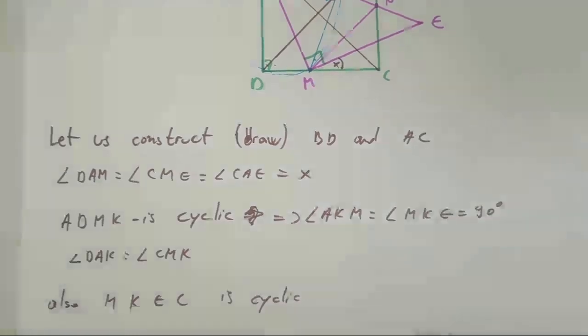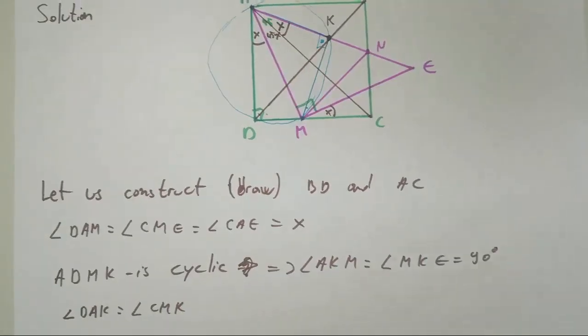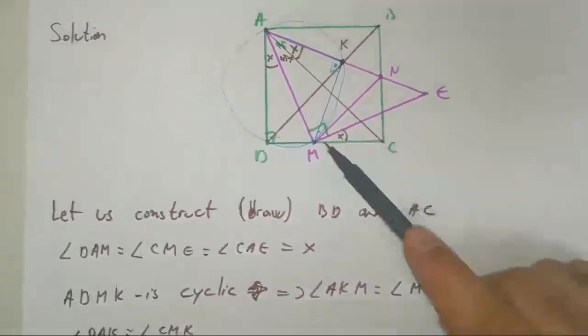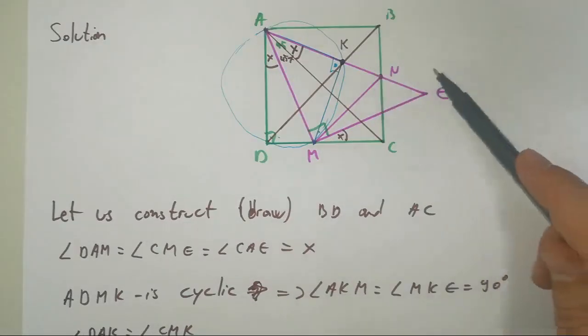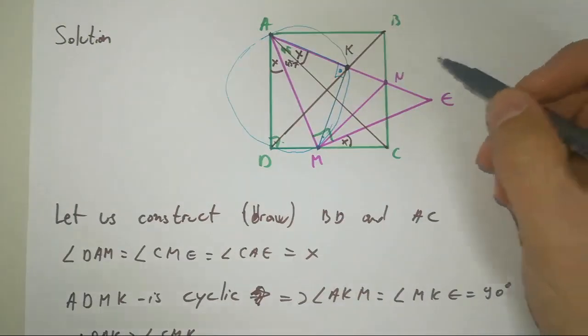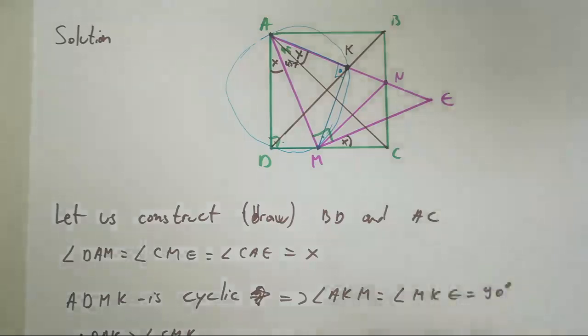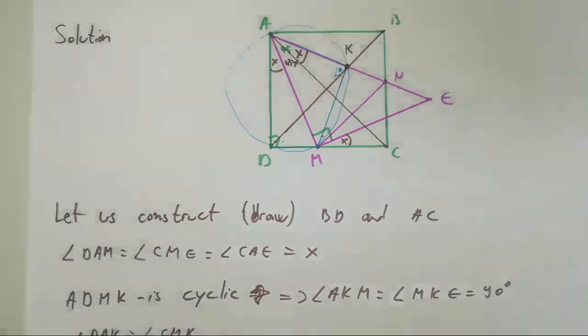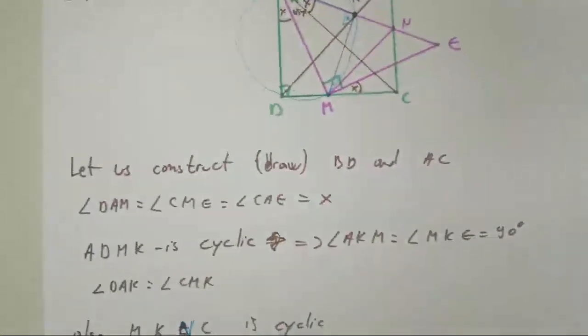Also, the other quadrilateral MKNC here, with this notation that I've used, is cyclic.